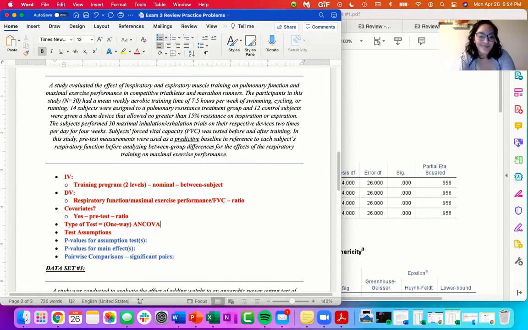Yeah. So you just don't want us to do the t-test? No, because you're using the covariate. Oh, okay. Since there is a covariate, that lets you know right there that you want to use an ANCOVA. Right. Gotcha.